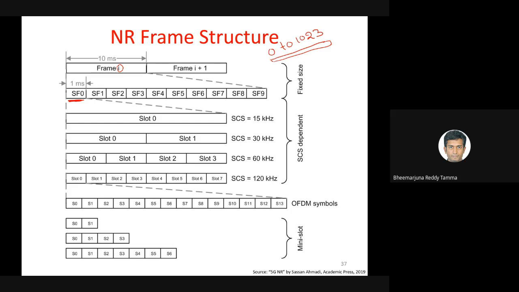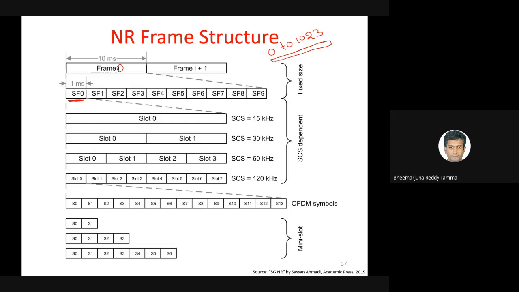If you peek inside any given frame, it comprises 10 subframes, each of 1 millisecond. If you peek inside one subframe, with subcarrier spacing 15, it has only one slot of 14 symbols. With subcarrier spacing 30, it has two slots, each of 14 symbols.